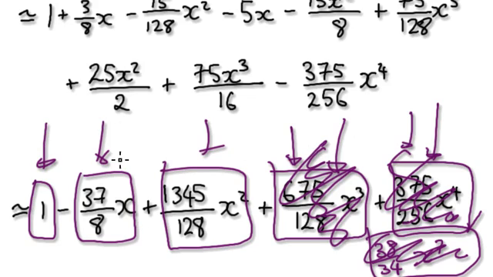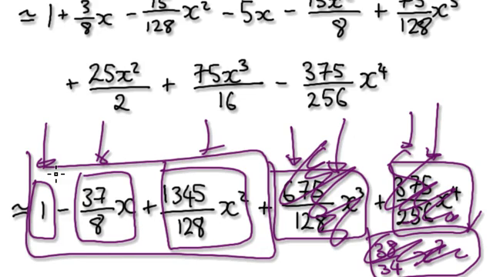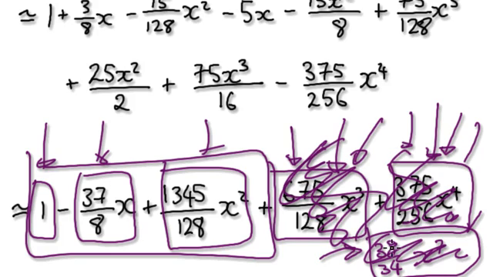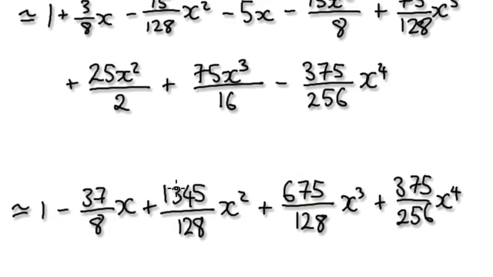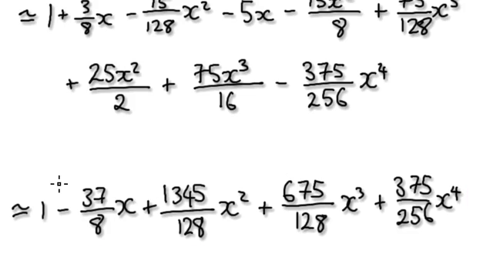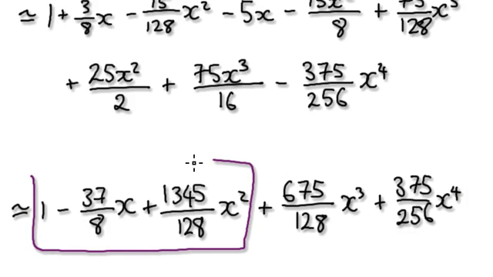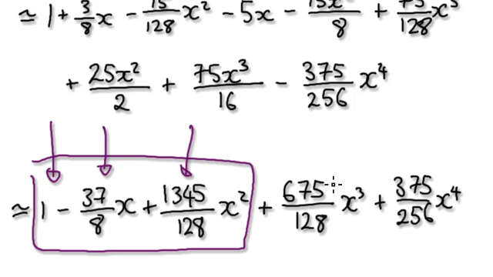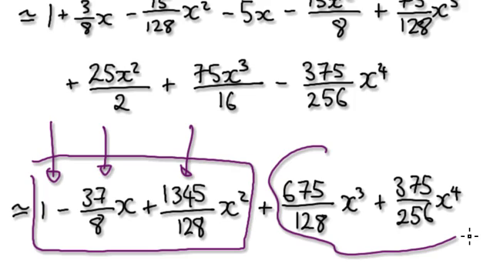Don't forget, this is already an approximation, so if you add some even tinier amounts to it, it makes no difference. So we try and keep it simple. Rather than keeping the whole thing, let's just concentrate on these three terms here. Yes, we will lose accuracy.